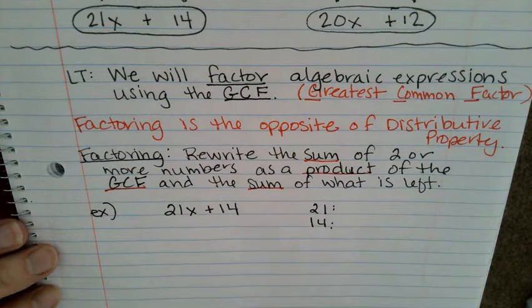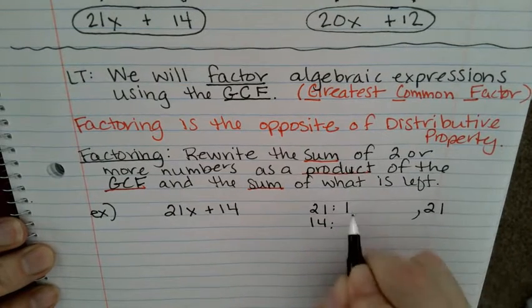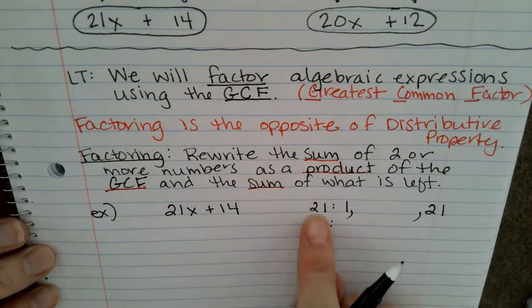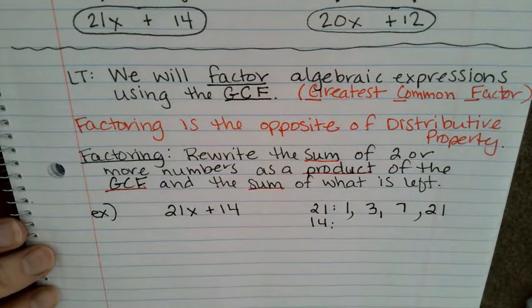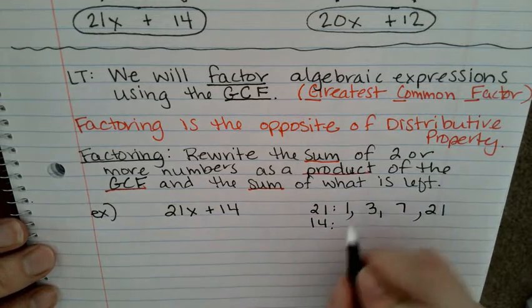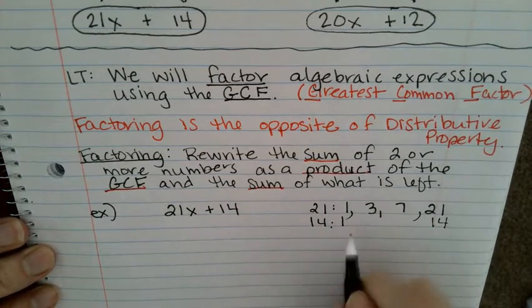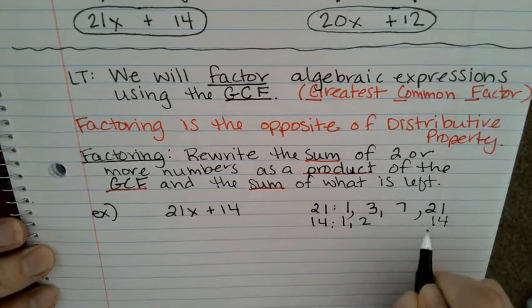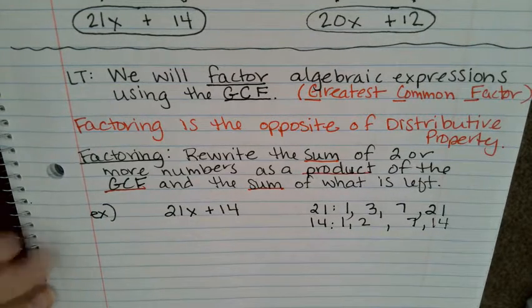This is one strategy. I know that 1 times 21 is a factor pair. 2 does not divide 21 because it's odd, but I know 3 and 7 are the other factor pairs. For 14, I know 1 and 14 is a factor pair. 14 is even, so I know 2 times 7 is a factor pair, and there's nothing else in between.